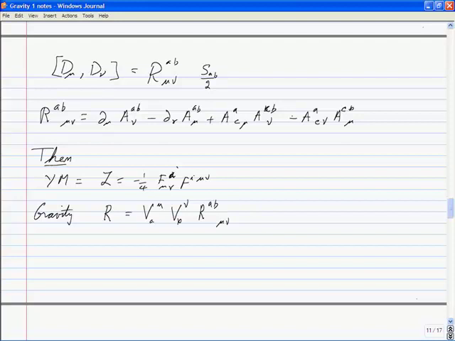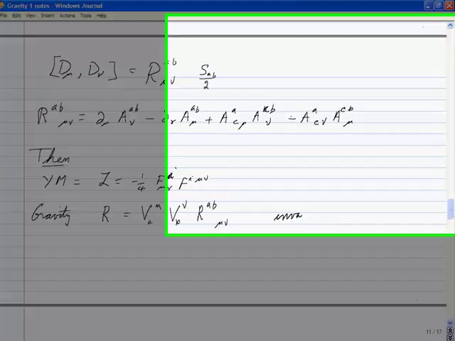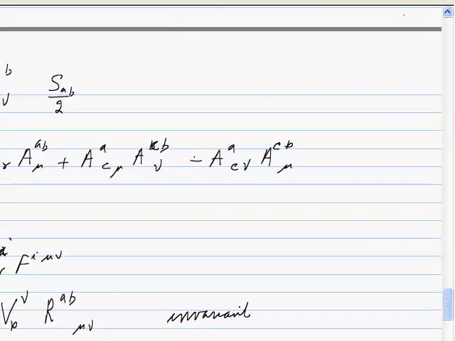Then since we've followed our transformation properties all along, this is an invariant. And we don't have to go to second order.